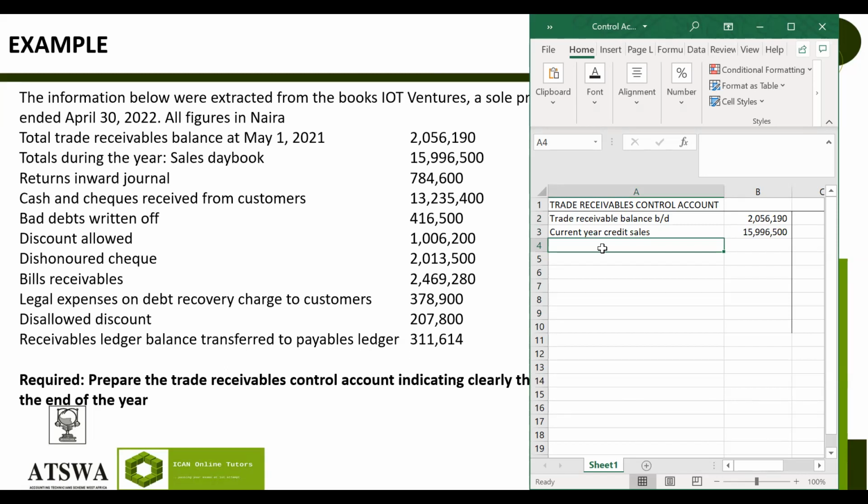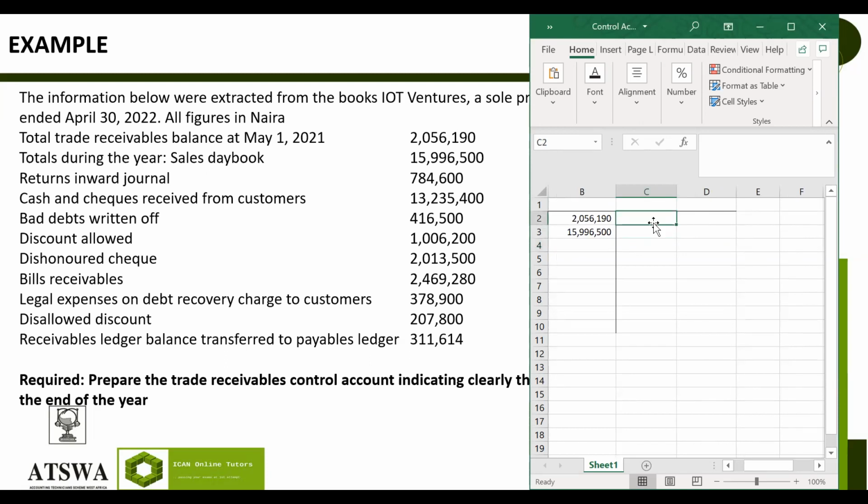So what about this one? Return inward journal. Will it be on the credit side or on the debit side? On the credit side, because it will reduce the debtors balance.